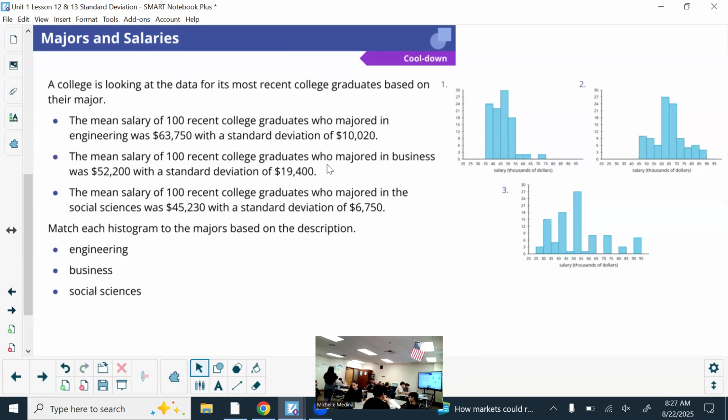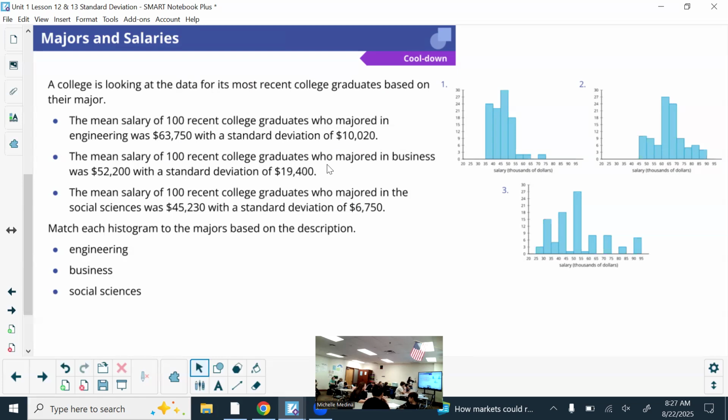For this one, you have 3 different histograms all representing majors that people graduated with, and here are some descriptions for each. The mean salary of 100 recent college graduates who majored in engineering was about 63,000 with a standard deviation of about 10,000.